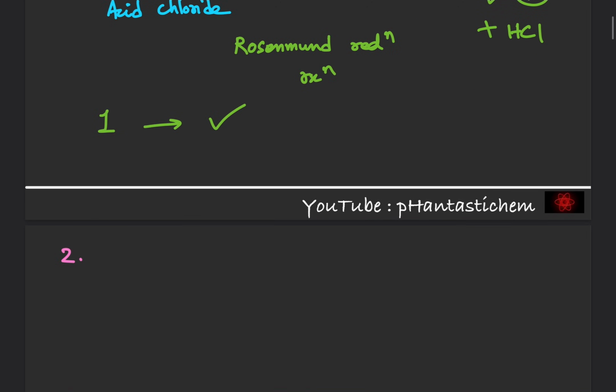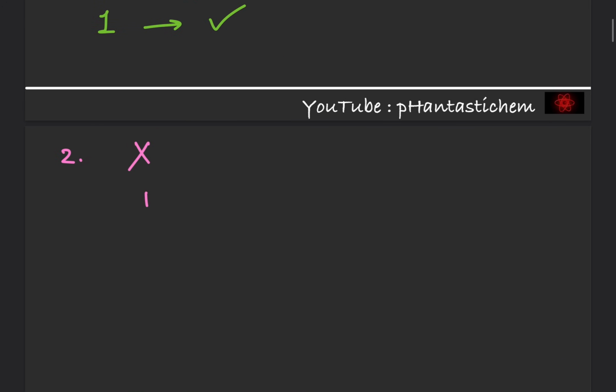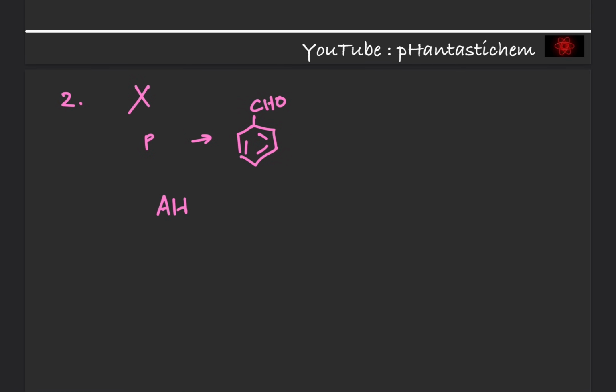Now coming to the second option, which says that on treating compound P with saturated NaHCO3 solution, brisk effervescence is observed. Okay, so it's an incorrect statement because P is benzaldehyde, which is an aldehyde, and aldehydes don't react with NaHCO3. NaHCO3 is also known as sodium bicarbonate or sodium hydrogen carbonate.